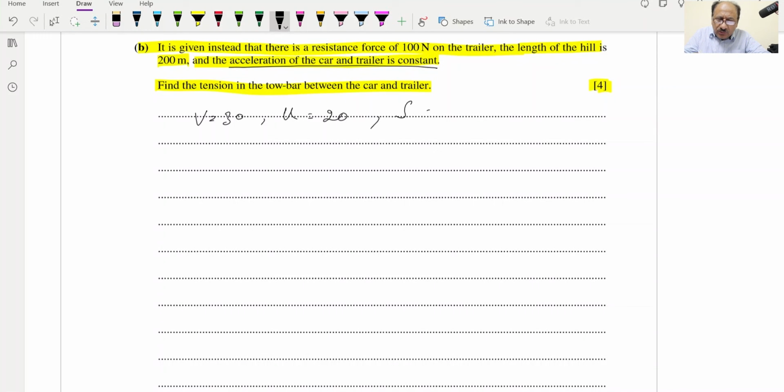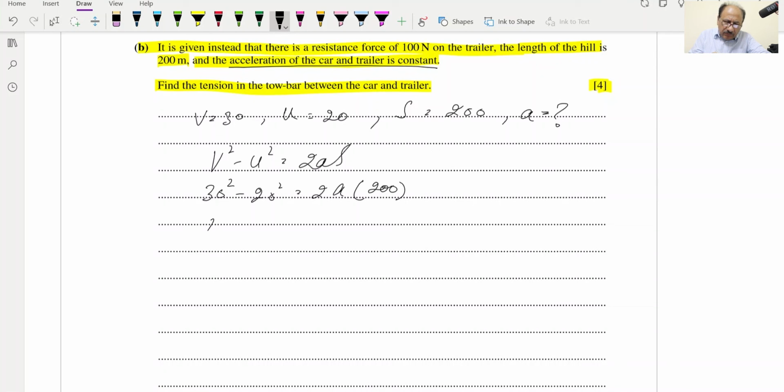We have s also. s is equal to 200, and we need to find a, so we can write v square minus u square is equal to 2as. So this given data we will incorporate in this equation, and we'll get 30 squared minus 20 squared is equal to 2a, and s is 200.